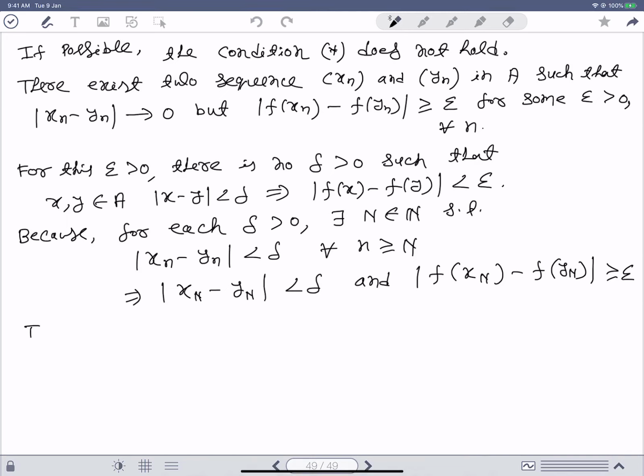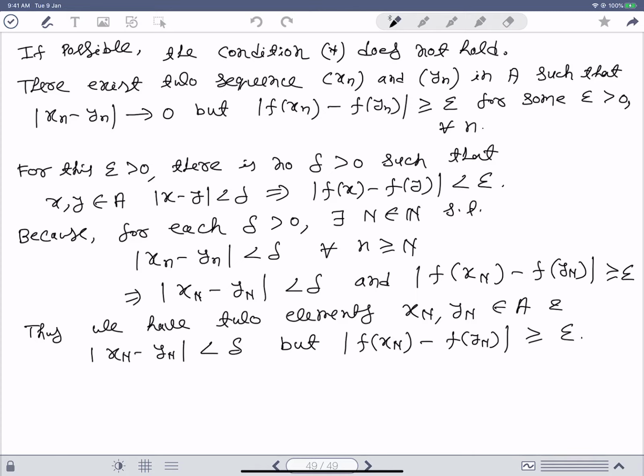So thus we have two elements xn, yn in A such that mod of xn minus yn is less than delta, but mod of f of xn minus f of yn is bigger than or equal to epsilon, right? This implies for this epsilon there is no delta such that this condition holds.